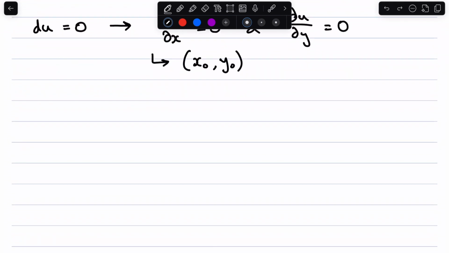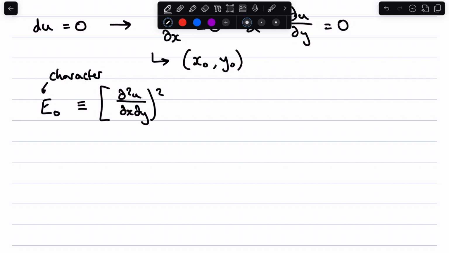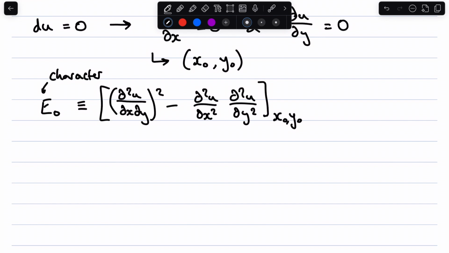Here, though, we're going to be using something called the character, and this is represented by E0. So this is the character of our stationary point, and it's equal to partial d2u by dx dy, squared, minus d2u by dx squared times d2u by dy squared, at the point x0, y0. We're going to be trying to find the value of E0 for x0, y0, and that will tell us what the character of that stationary point is.